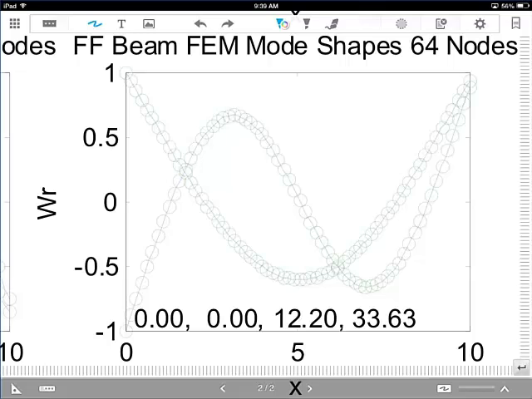But you pretty much just plot, in this case, the node points, and you get a good idea what the shape is. And you can see now that this is going -1, this is +1. This mode shape is showing a nice symmetric shape to it. So we're sort of converging, and these numbers are getting close to the theoretical values for a free beam.